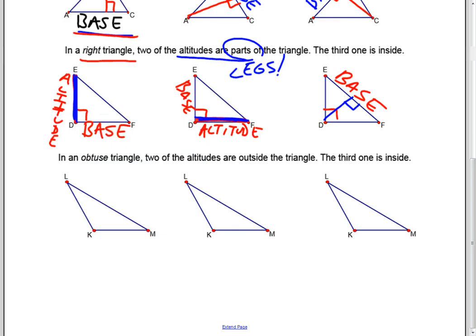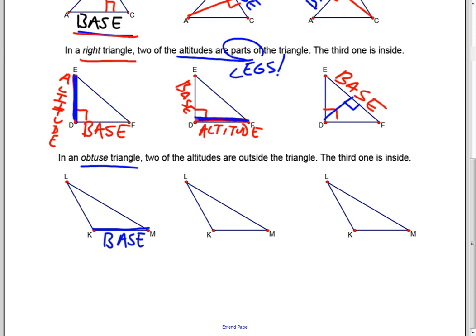That's what you're sort of looking at here with an obtuse triangle. I want this to be the base. And remember, you want the altitude to be the height. Well, what's the height of this triangle?